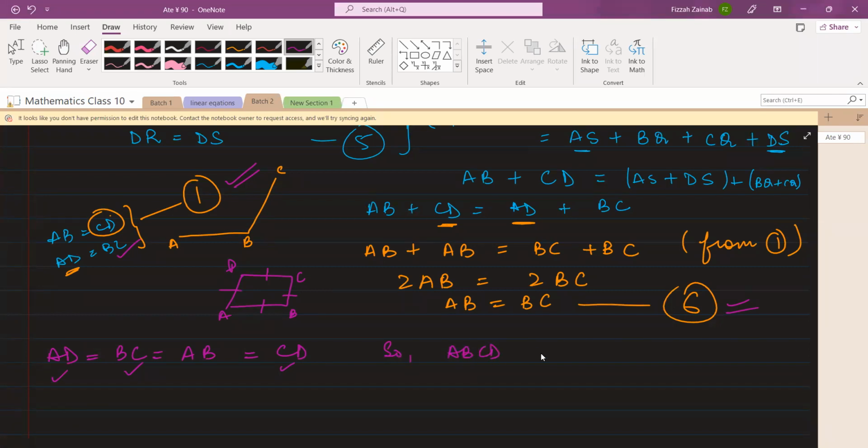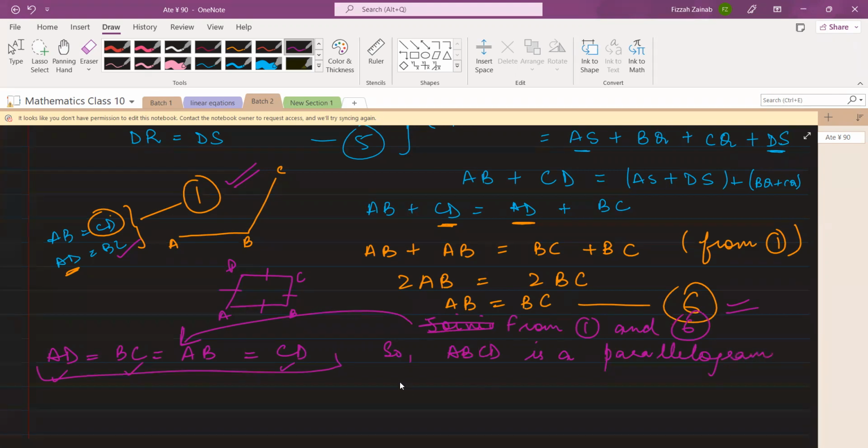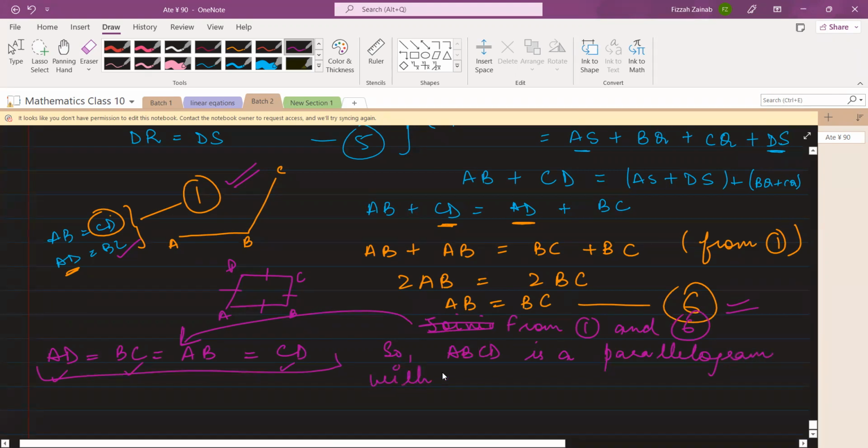Basically from 1 and 6, I'm getting this relation. So ABCD is a parallelogram with all the sides equal, and therefore it is a rhombus.